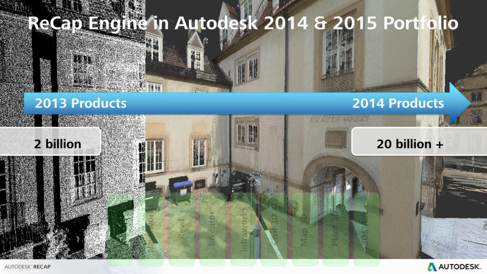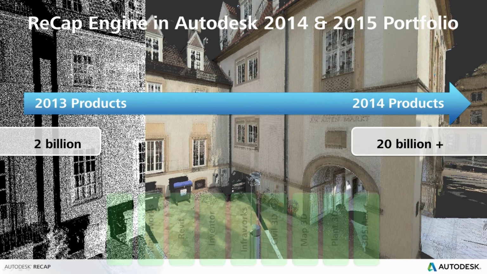Of course, that's a lot of points, but frankly, the amount of projects that I'm seeing that come in with billions and billions and billions of points is increasing. We've got laser scanners out there that can get high accuracy data, or we use this point cloud from photos approach.